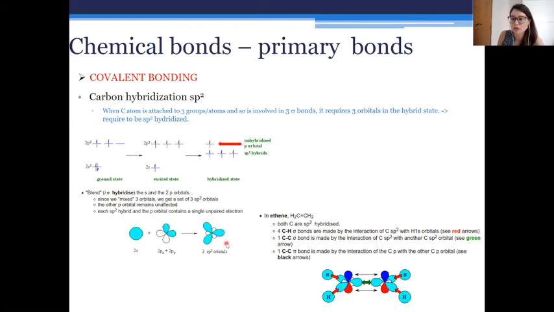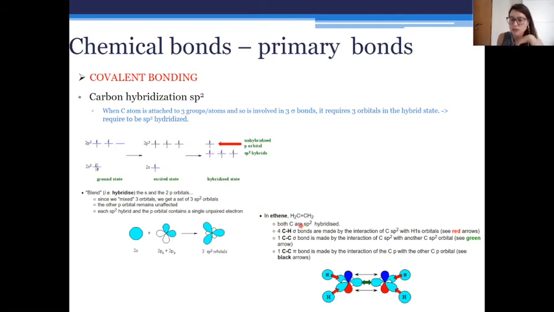Thanks to this geometry, the orbitals can be organized, and we will have a specific direction for interpenetration of these orbitals, as represented in ethene.